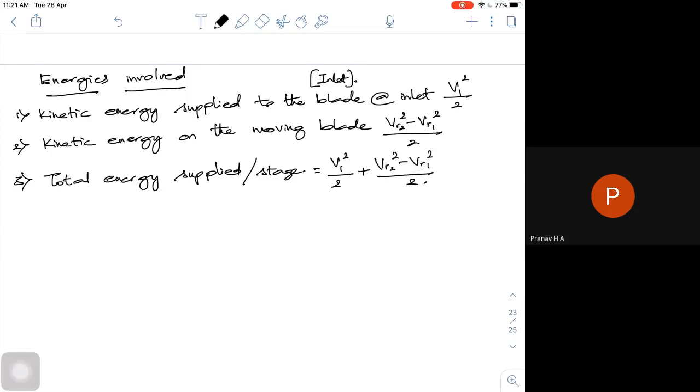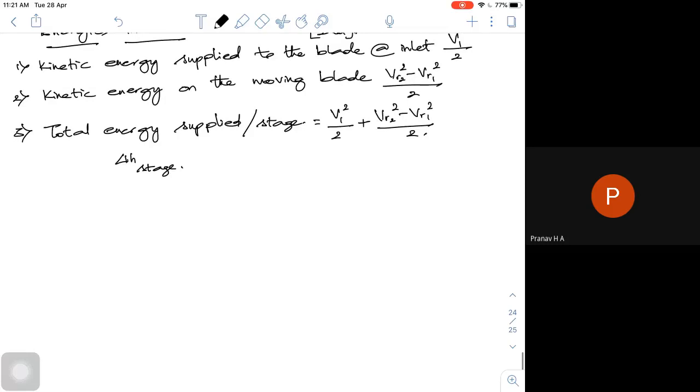If you add up everything, this is nothing but the enthalpy change per stage expressed in terms of velocities.